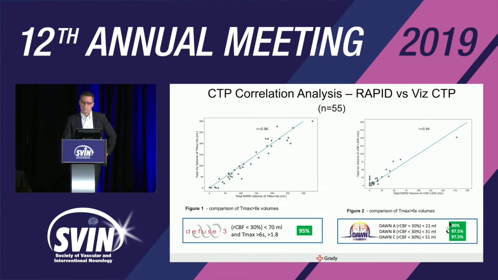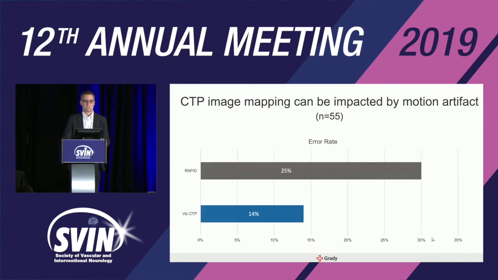And you can see here the same thing when you use the DAWN criteria for core analysis across the different sub-items of DAWN, in terms of less than 21, 90%, and essentially 98% for less than 31 and less than 51.